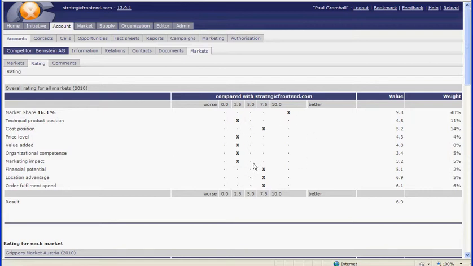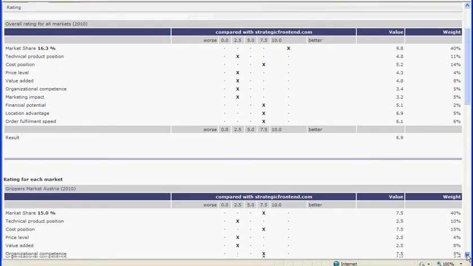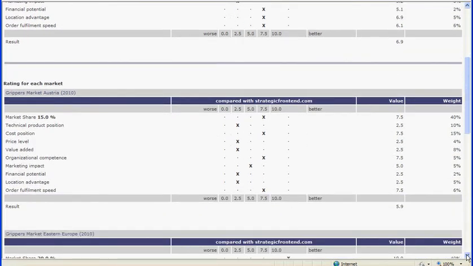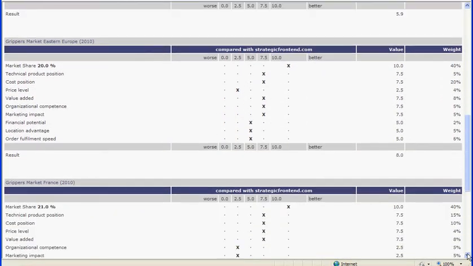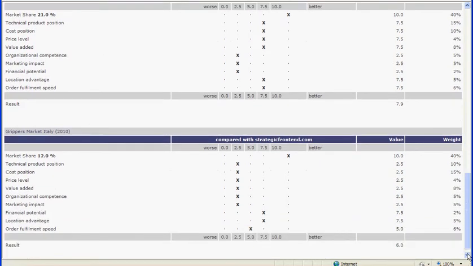But on this side, the competitor has an advantage, like market share, cost position, financial potential, location advantage, order fulfillment. And I think you can see the same kind of analysis done for all the different markets like Austria, Eastern Europe, France, and Italy.